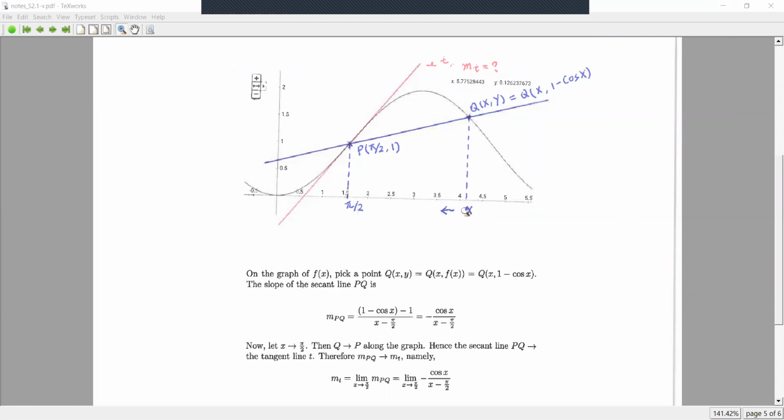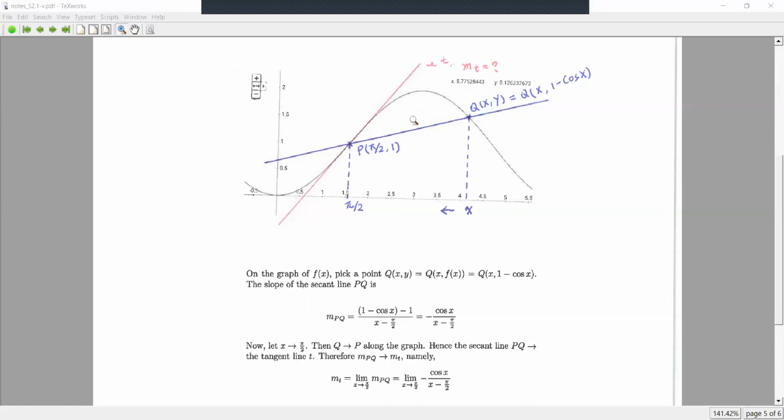As x is approaching pi over 2, from this diagram, we can see that the point Q is approaching the point P along this curve. As point Q approaches point P, the blue line is approaching the tangent line.